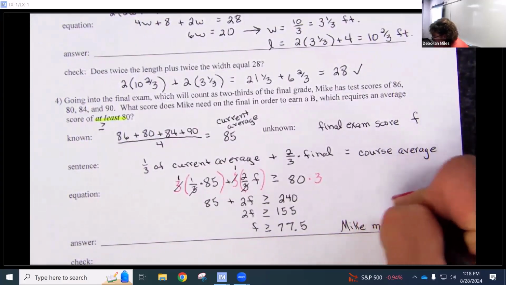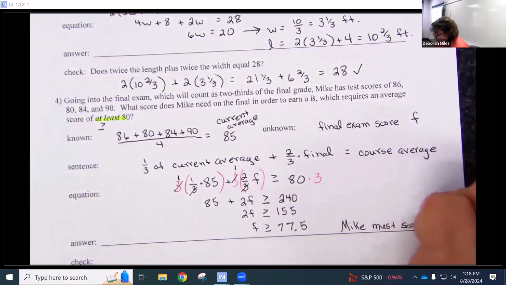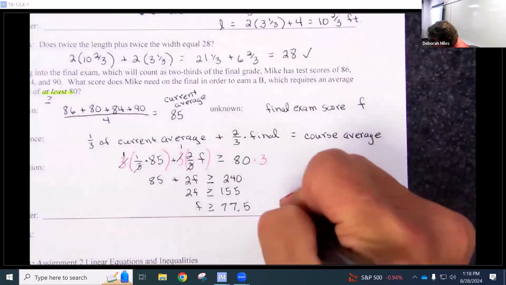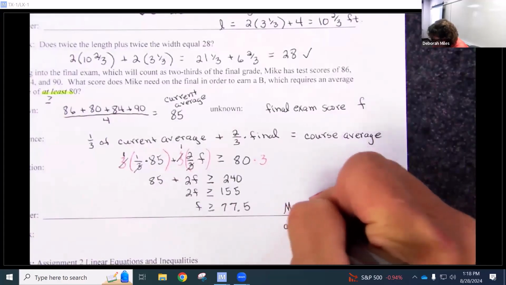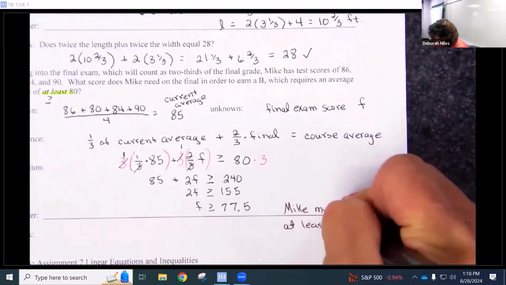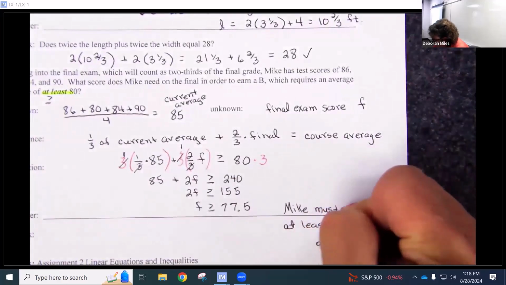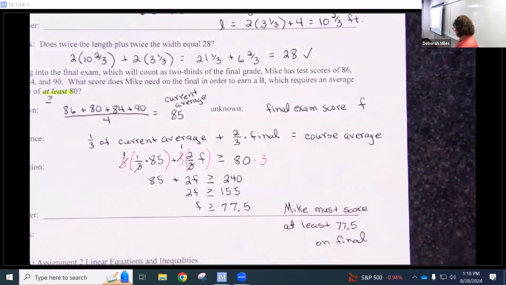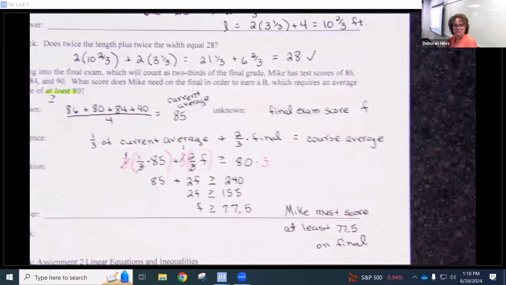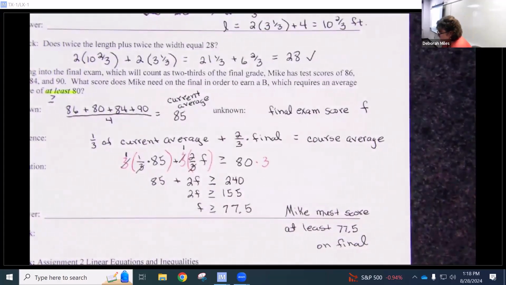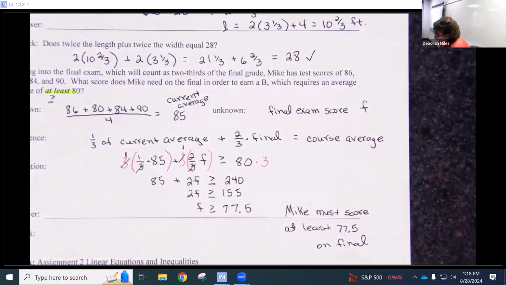Mike must score at least 77.5 on the final. Check that.